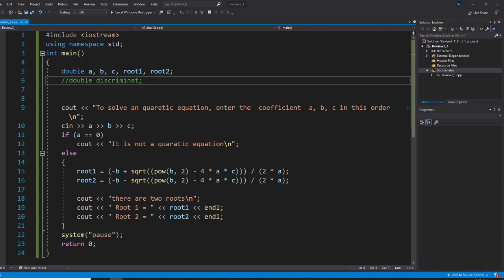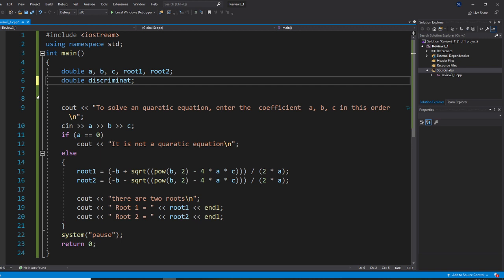And I want to teach you a little bit more about this. We can use b squared minus 4ac, which we call the discriminant. If the discriminant is greater than 0, you have a real root x1 and x2.